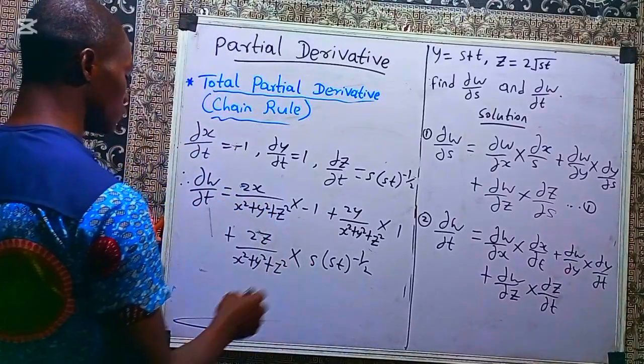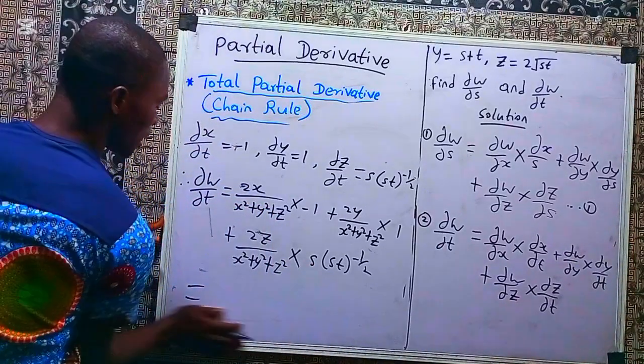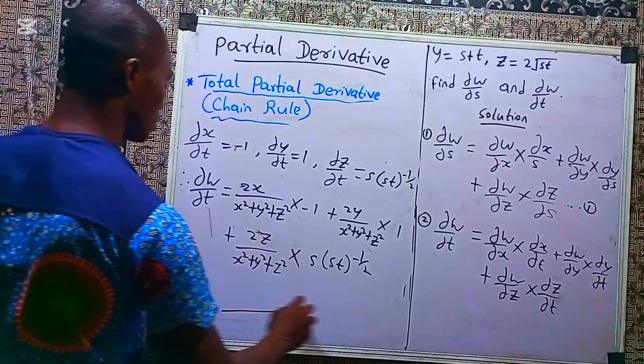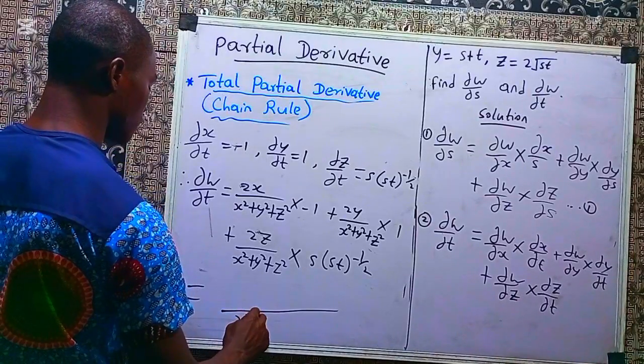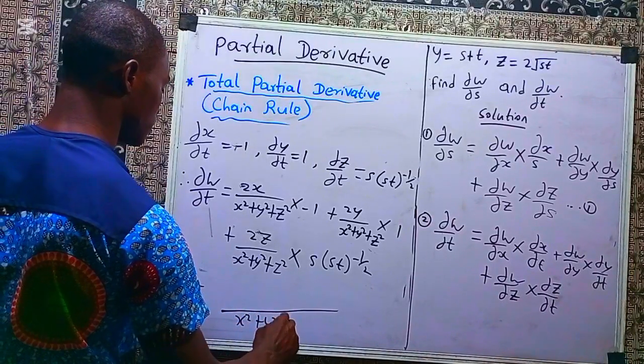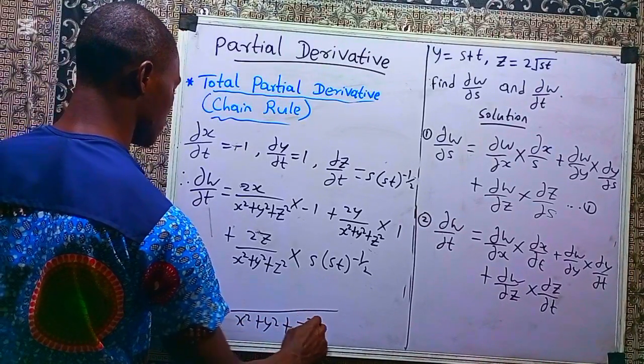Both of them have a common denominator, which is x squared plus y squared plus z squared.